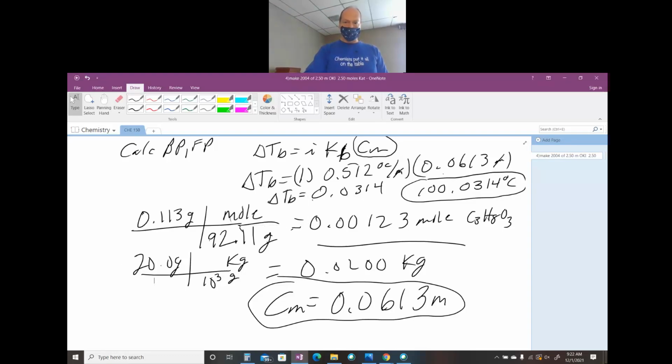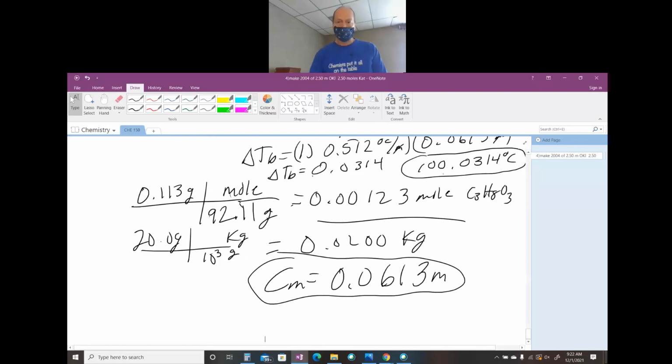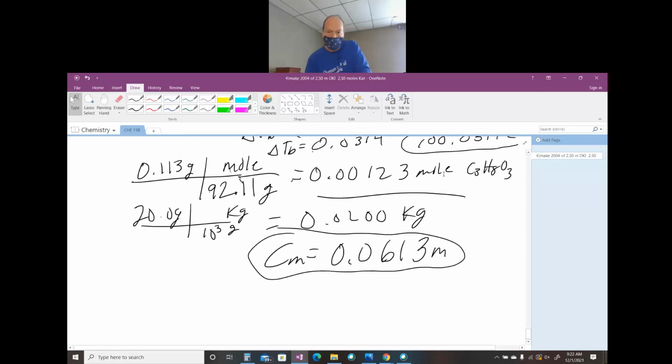And then the freezing point, we're going to do exactly the same thing, except you have your Kf instead of your Kb. So your delta T sub F is equal to i Kf C sub m. And your i value is still 1. You look up your Kf, 1.86 degrees Celsius per molal, and then you have your molality, 0.0613.